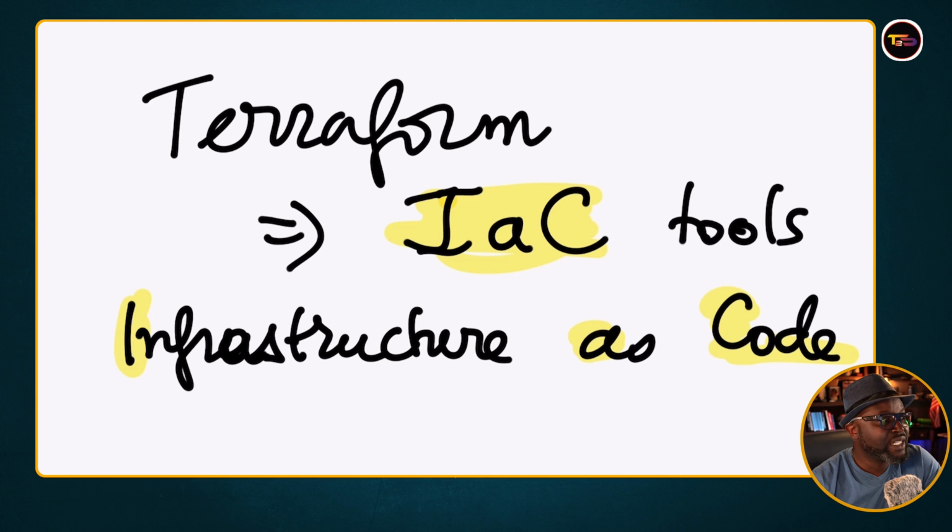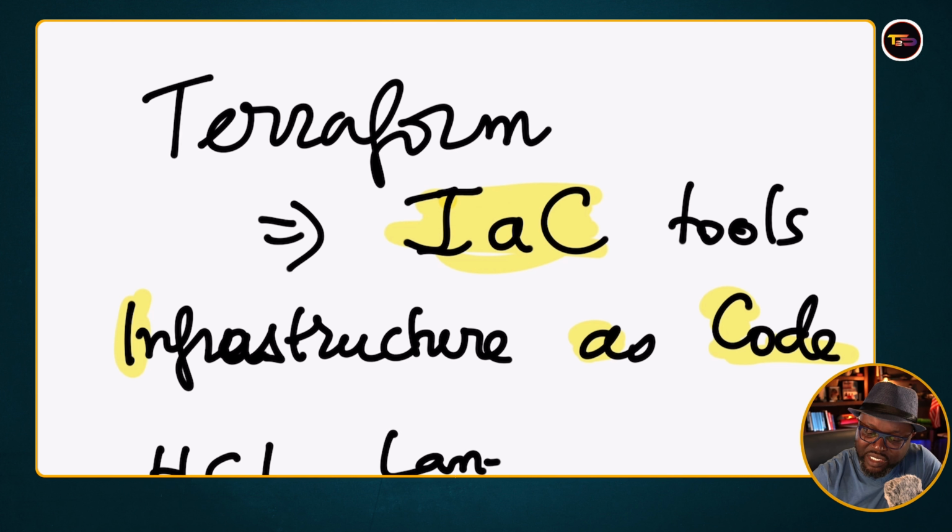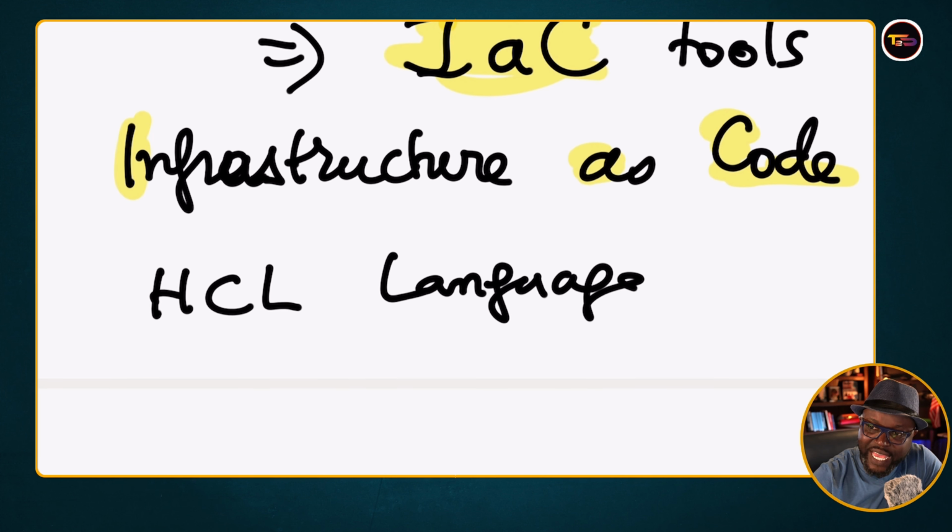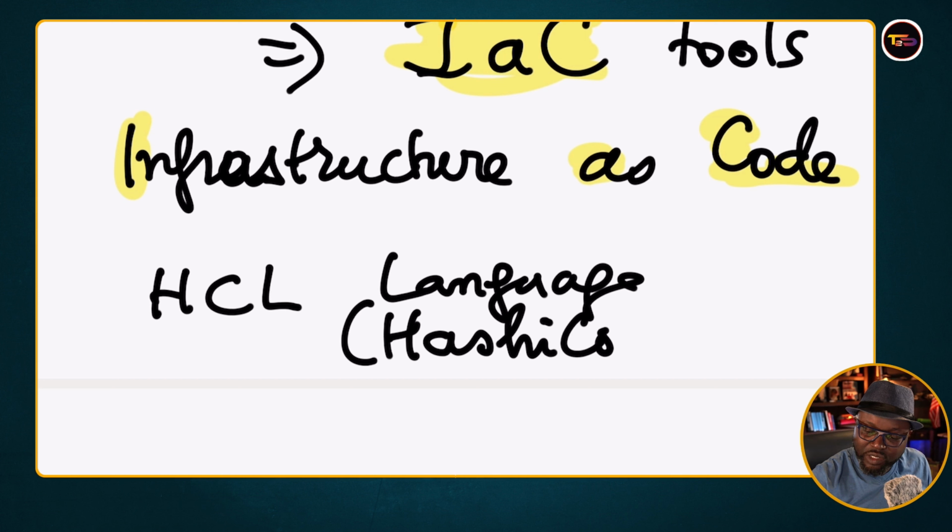What happens is, when you write Terraform scripts, first of all, it uses what we call the HCL language. It relies on that, and that's a high level configuration language. HCL belongs to what we call HashiCorp, and it's open source.